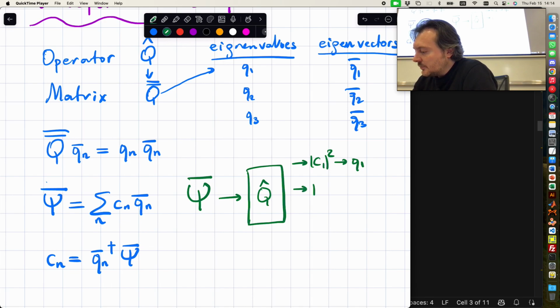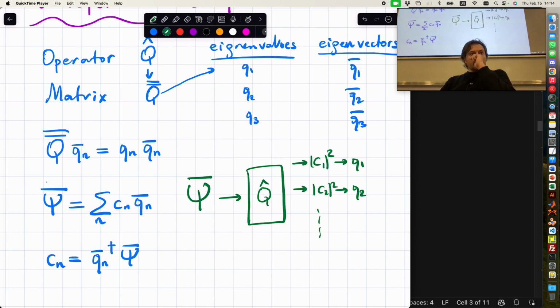With C2 squared probability, you are going to get Q2, and so on. And that's where God throws dice. That's where the non-determinism of quantum mechanics lies.